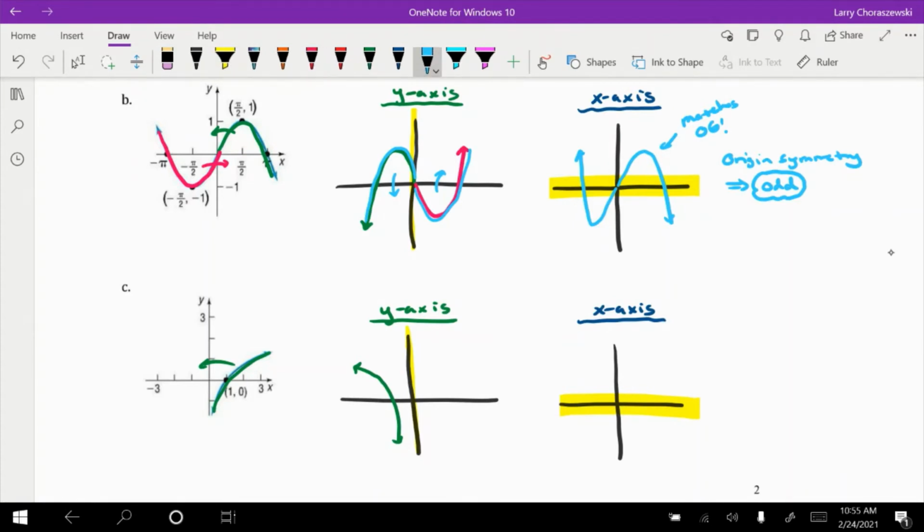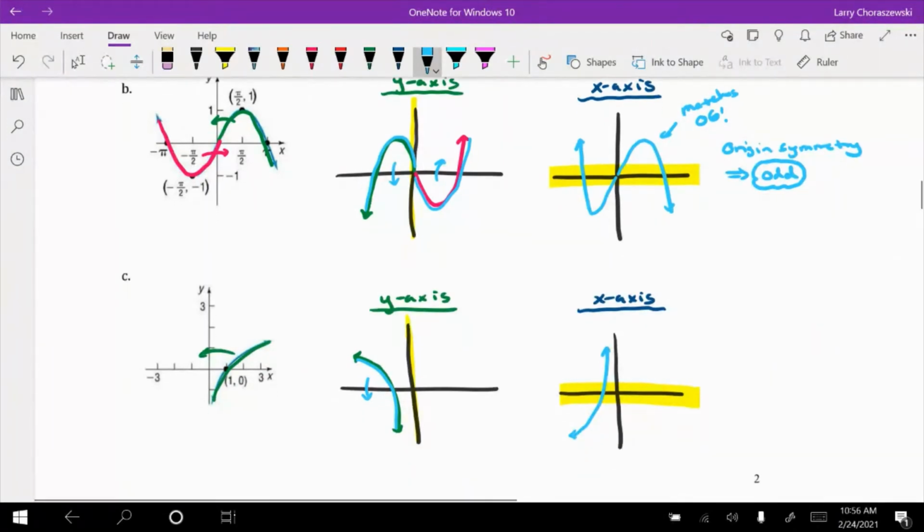And what I'll do is take what we just reflected and swivel it across the x-axis. And when we do so, you end up getting something like that. Does this graph match up with the original?